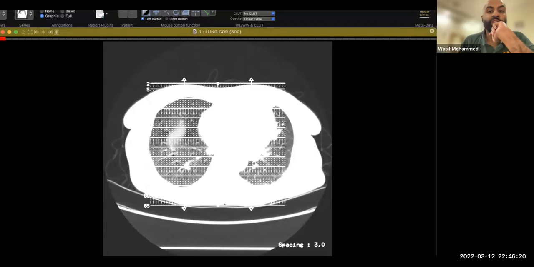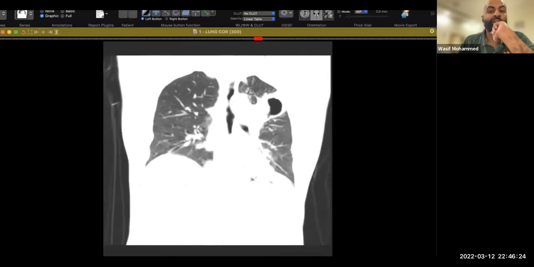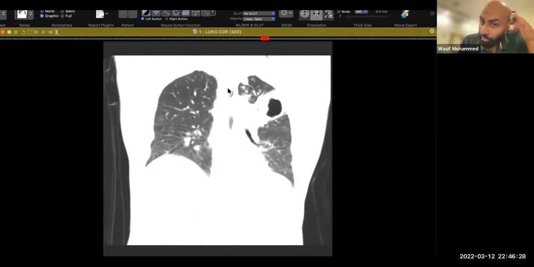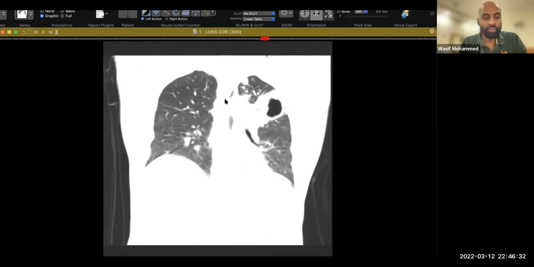On the CT, characteristically, you're seeing these tree-in-bud opacities and a cavitating process involving both apical regions. No significant lymphadenopathy. The patient is not responding to antibiotics. I would put TB as my first differential here. The patient is young, so the differential of cavitating malignancy would be less likely.